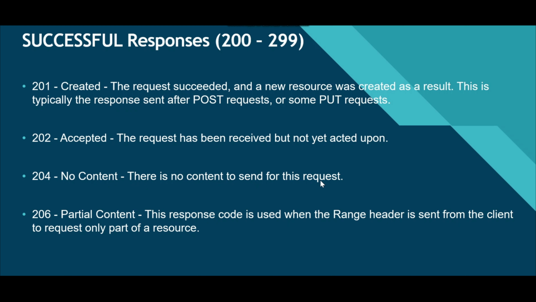When a user sends a request in form of URL, and if we don't have that resource available, then we can return 204 response code. Partial content is 206. This response code is used when the range header is sent from the client to request only a part of the resource.